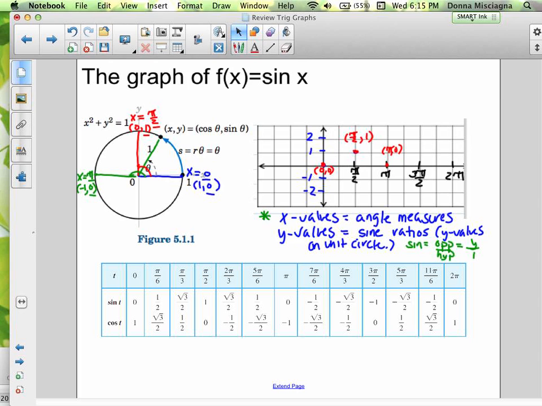All right, so now we're going to go 3/4 of the way around the circle. All right, so that is 3 pi halves. That point there, right, so we're on the y-axis, x is 0, and y is -1.